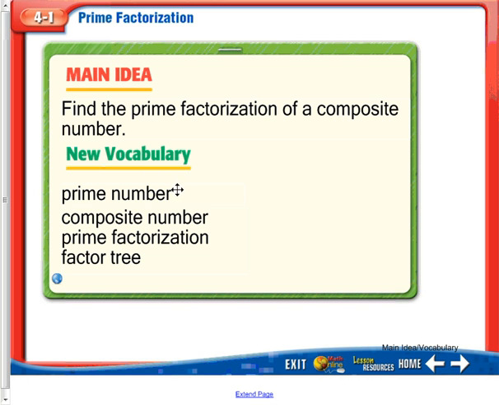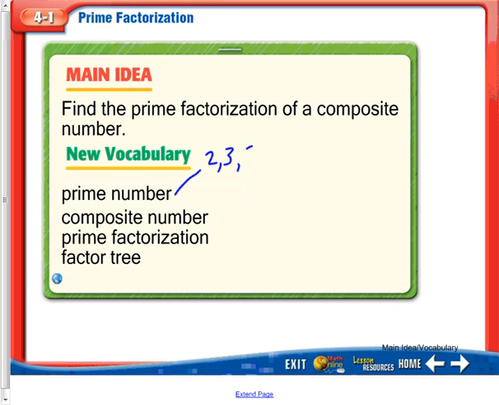So we're going to make a little list here of our prime numbers. We'll start with 2. It can only be divided by 1 and itself, so 1 and 2. The next prime number is 3, and then we're going to skip 4 because 4 can be divided by 2.